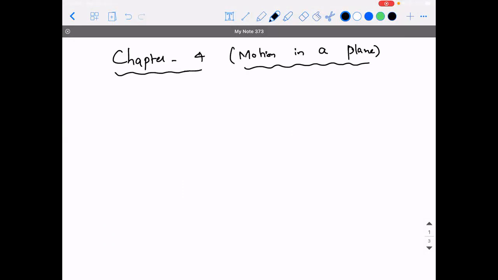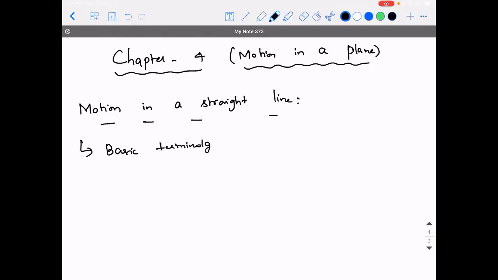Okay. So in this, what did we discuss in the previous chapter when we discussed motion in a straight line? What were the topics that we were concentrating on? So we were discussing the basic terminologies: distance, displacement, speed, velocity, all these things we discussed.